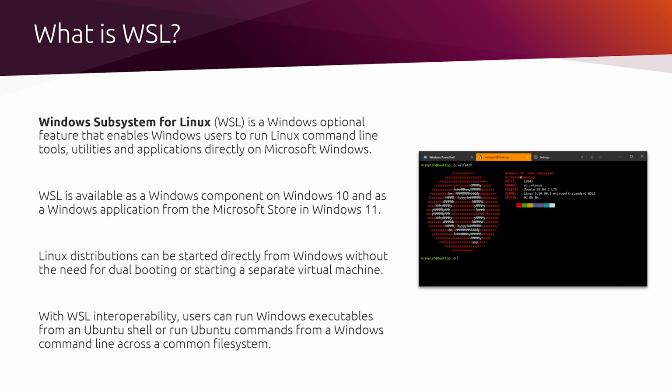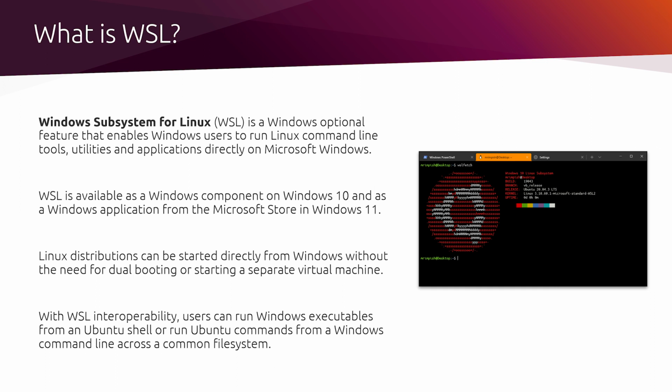So Windows Subsystem for Linux. It's a Windows optional feature. It allows Windows users to run Linux command line tools, utilities, and applications directly on Microsoft Windows. It's available as a Windows component on Windows 10, and it's also an application on the Microsoft Store on Windows 11. So what that means is you can install various Linux distributions and start them directly from Windows in a matter of seconds, without the need for dual booting or starting a separate virtual machine.